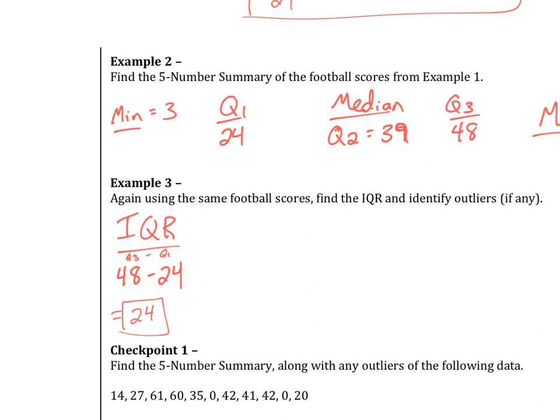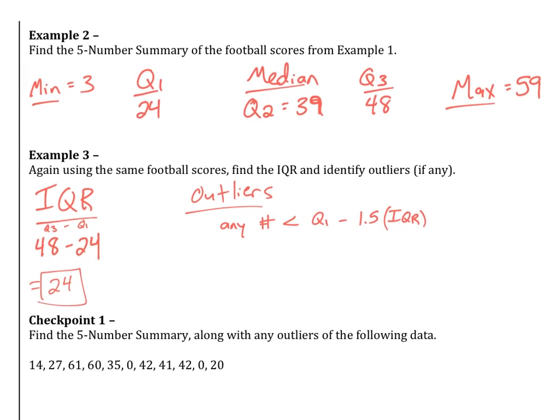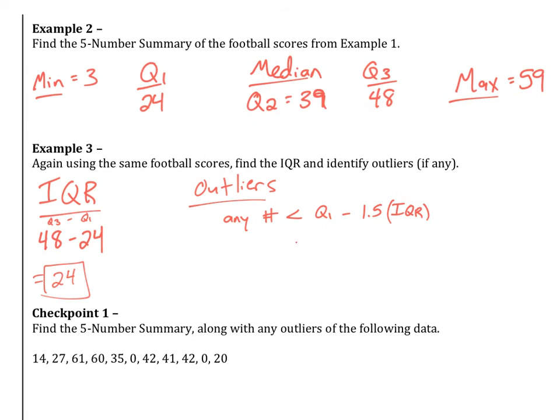Now to find the outliers. This is any number that's less than Q1 minus 1.5 times IQR. All right, so Q1 was 24, and the IQR was 24.